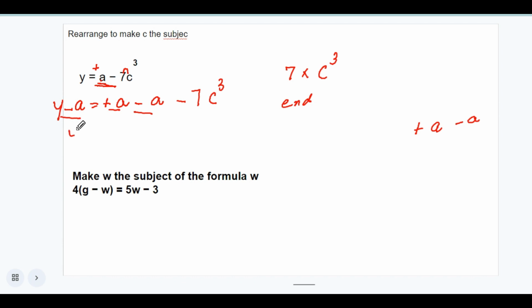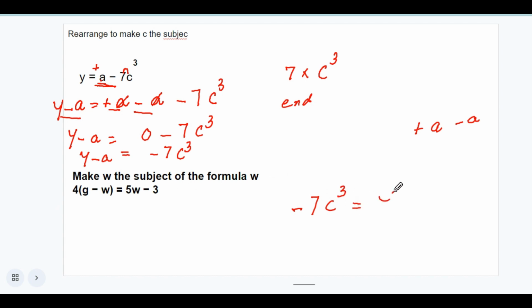Okay, so now let's solve it. y minus a equals a, and a now cancels out, we are left with 0. 0 minus 7c cubed equals minus 7c cubed and y minus a. So I can write it like this: minus 7c cubed equals y minus a. So still we have a lot to do over here. Now look at here, this minus 7 is again an extra thing with c cubed.